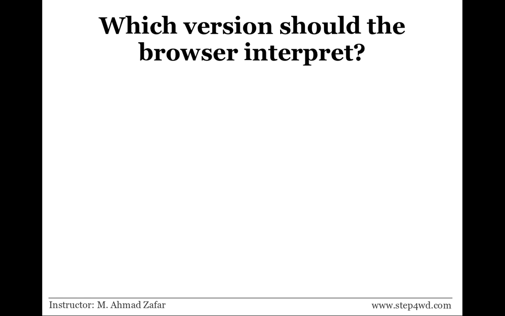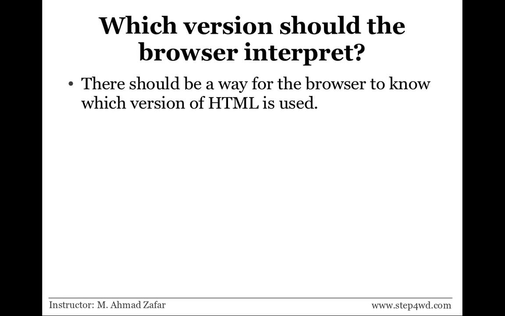So which version should the browser interpret? Well, that depends first of all on which version you are developing in. The next task is that there should be a way for you to tell the browser that my choice of tags was this, so you should also interpret in this particular mode. So how will that be done?